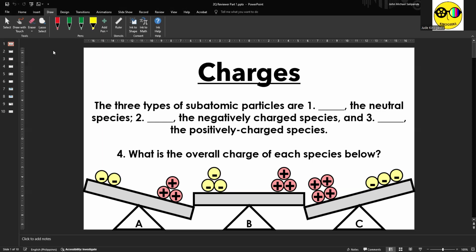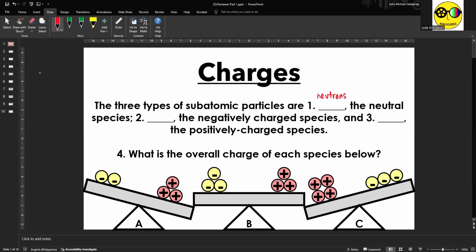So the three types of subatomic particles are one, blank, the neutral species; two, blank, the negatively charged species; and three, blank, the positively charged species. So all atoms contain the three subatomic particles. If it's neutral or chargeless, we call them the neutrons.